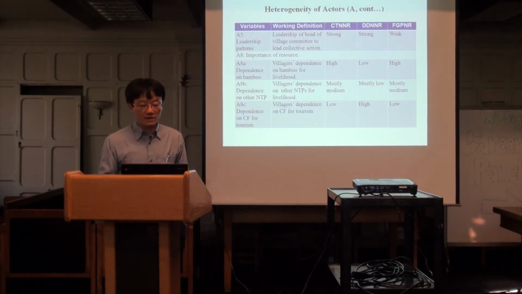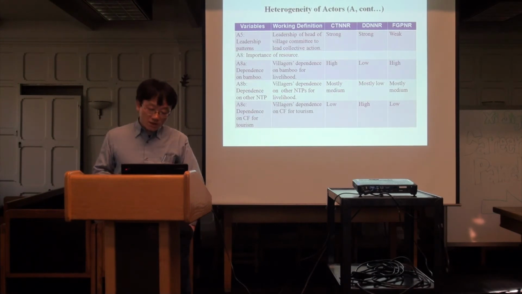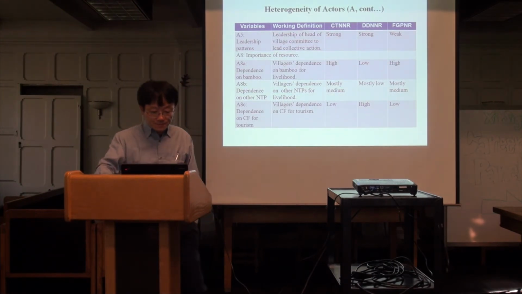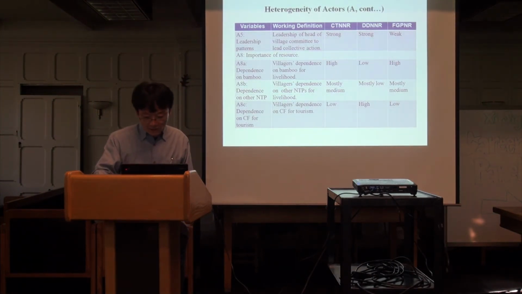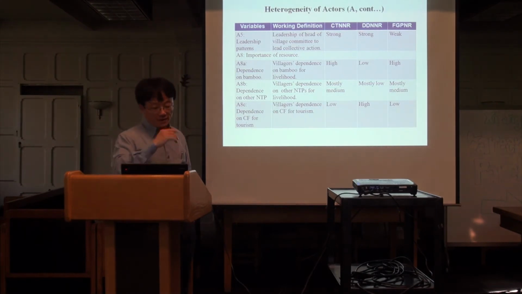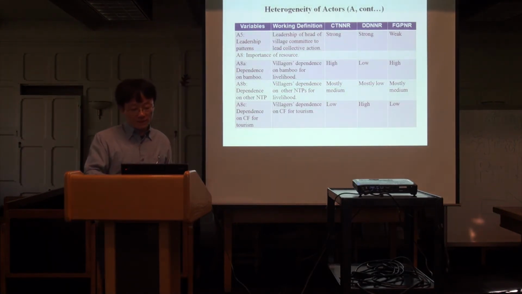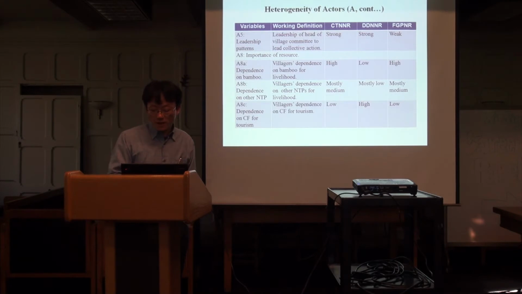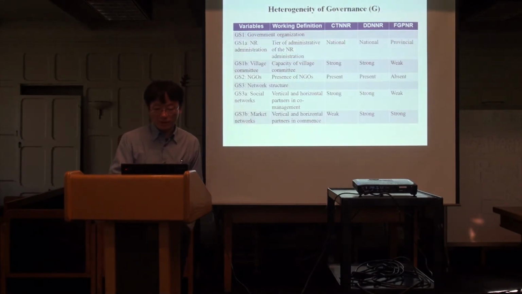And the importance of a resource, you may find that the difference for different nature reserves is also quite consistent with the characteristics of the resource unit we have been mentioning.